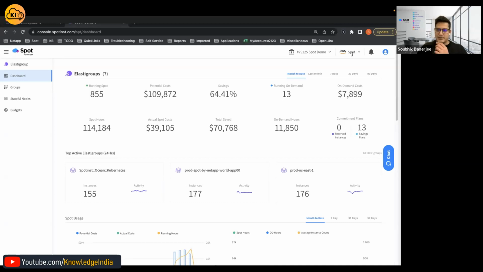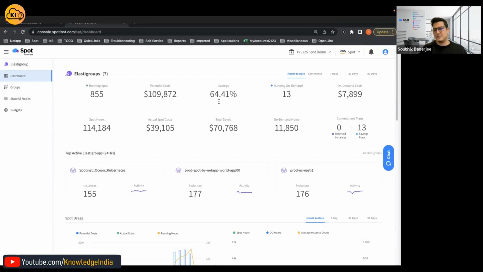On the dashboard page itself, you can see the basic details as to how many Elastigroups are running, how many Spot instances are running, what the potential cost is, what the savings are, all these granular details on the landing page itself, right? Now, I want to talk about one thing here, which is what savings is, right? As you can see here, we are showing savings as 64.41%, right?